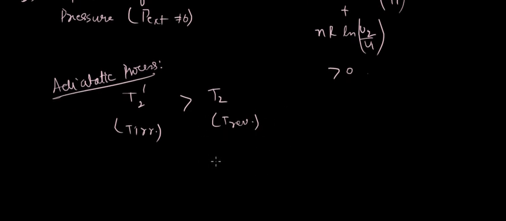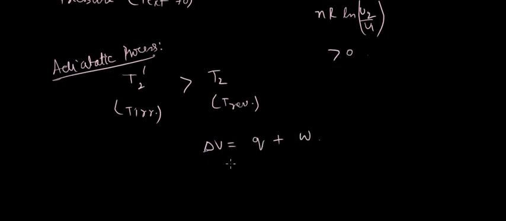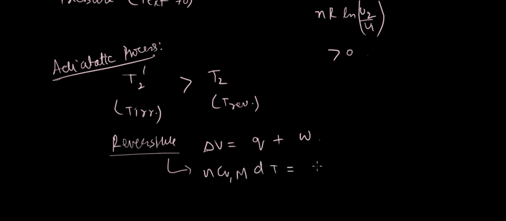Because we know that delta U is equal to Q plus W. Okay, so for a reversible process we can write delta U would be equal to n C_vm dT, which would be minus P dV. So just substitute the value of P here. Q would be 0, so the P value would be nRT upon V dV.